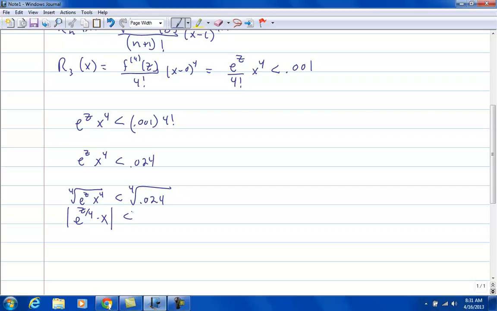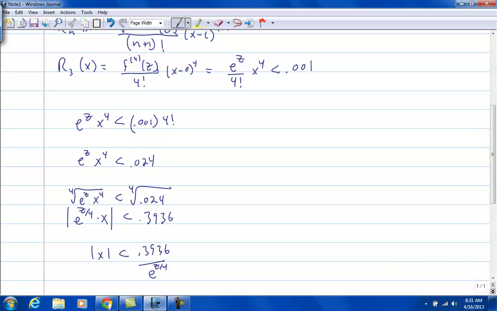I get 0.39359, so 0.3936, we'll go with that. So the absolute value of x would need to be less than 0.3936 over that e to the z over 4.